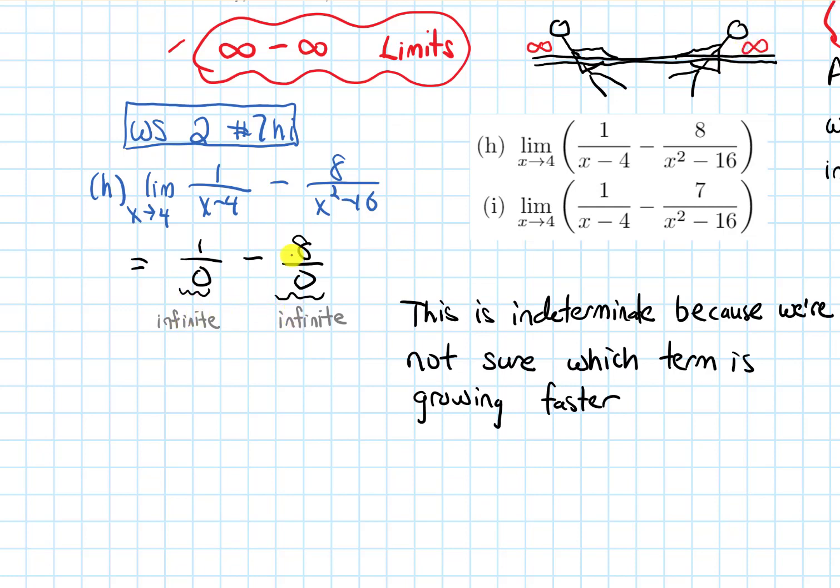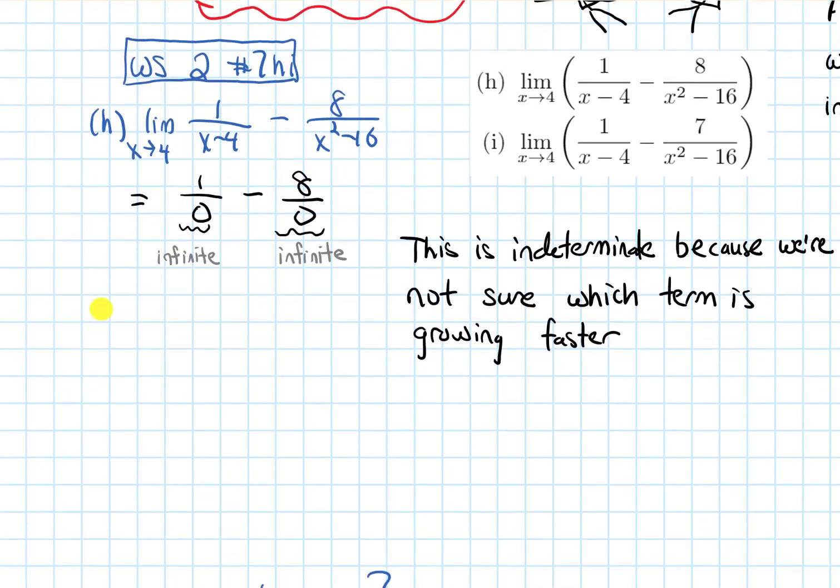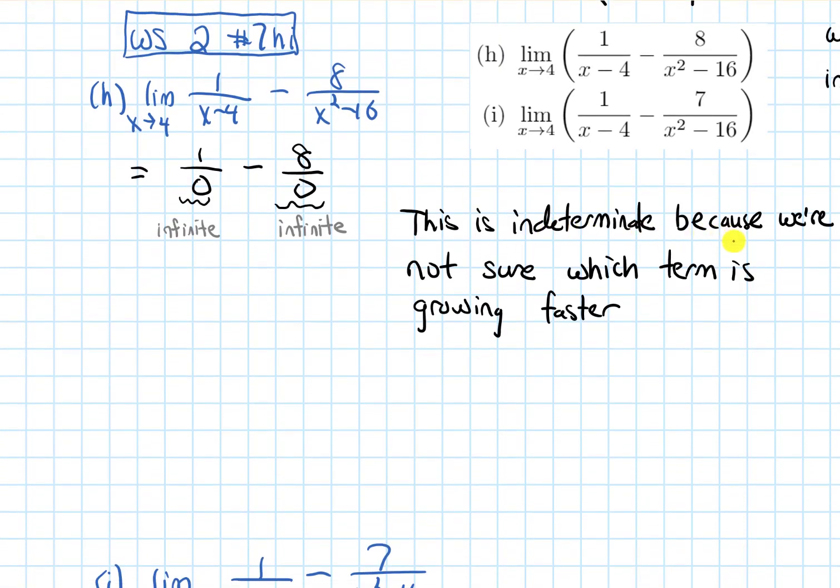Depending on which one's bigger, that's going to dictate what this overall subtraction ends up being, in the same way that whoever's a little bit better at tug of war will end up dictating who wins this game. So what do we do when we have an indeterminate form? Well, we simplify. So let's simplify this expression first.